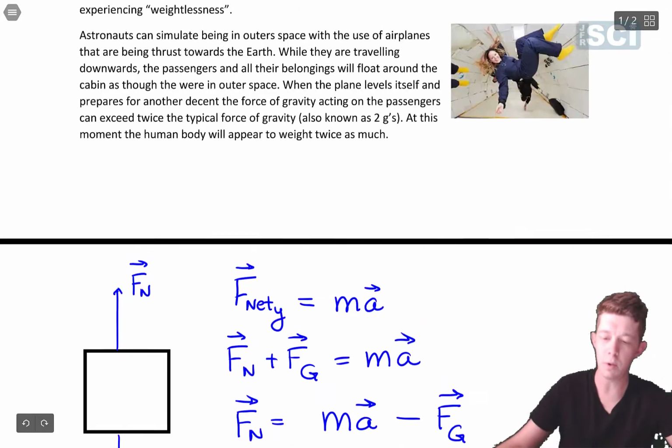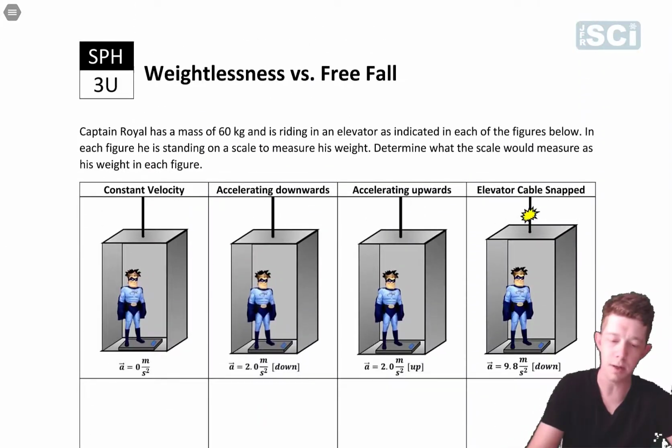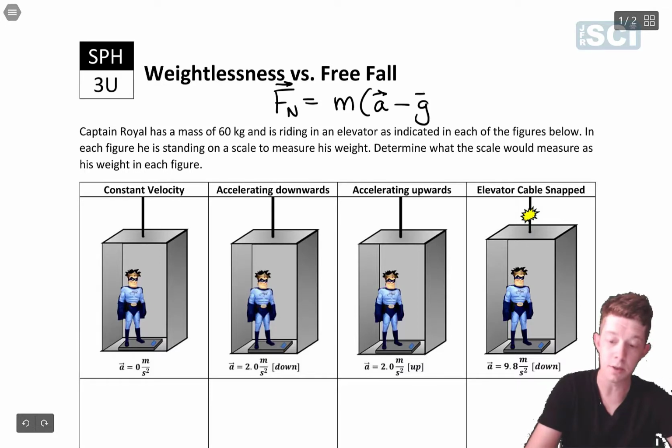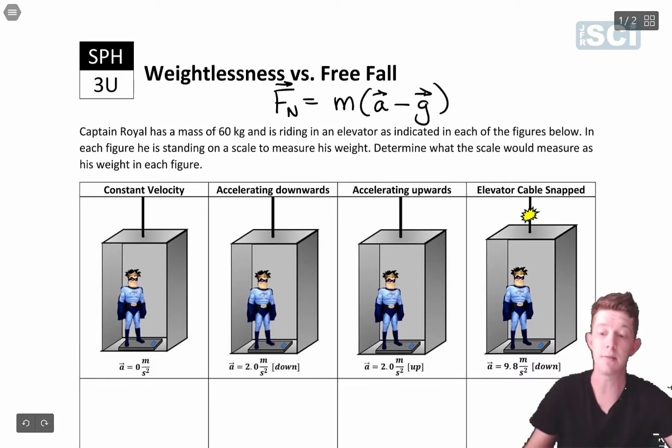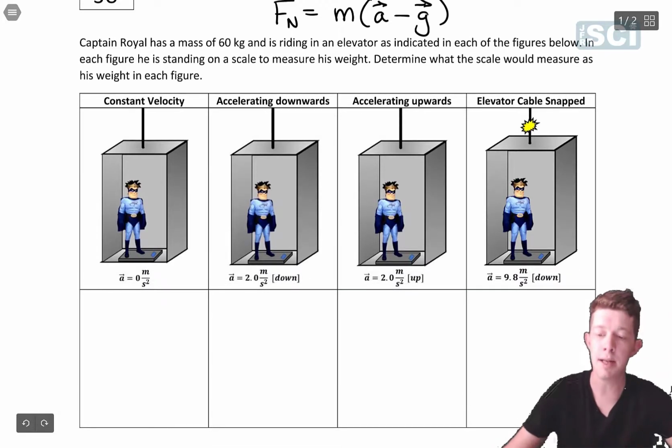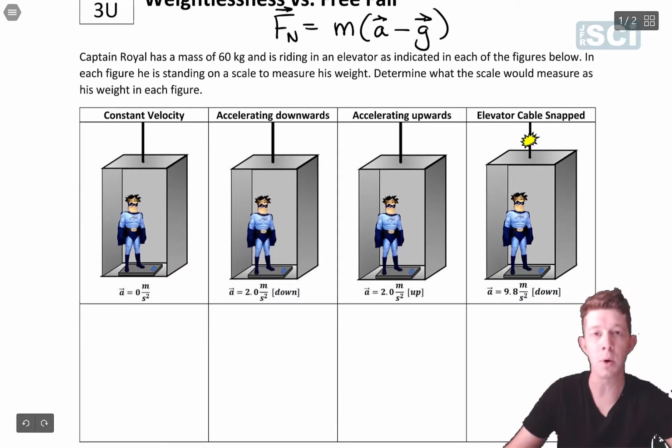And so I'll slide back up to our example here, and I'll write that formula one more time. It says that the normal force is equal to the mass multiplied by the acceleration vector minus the gravitational field intensity vector.